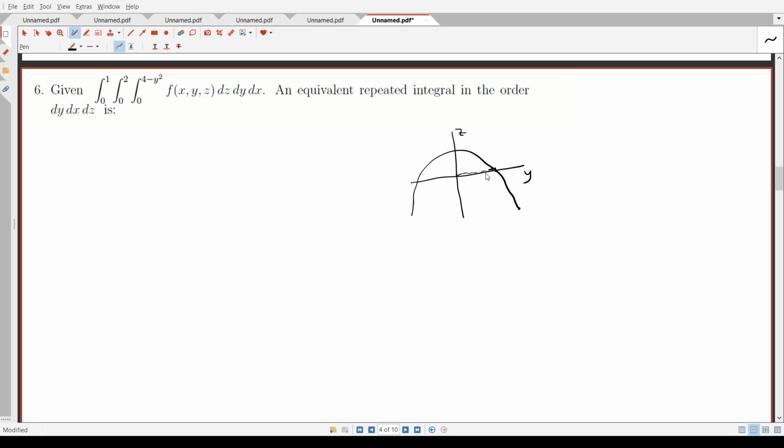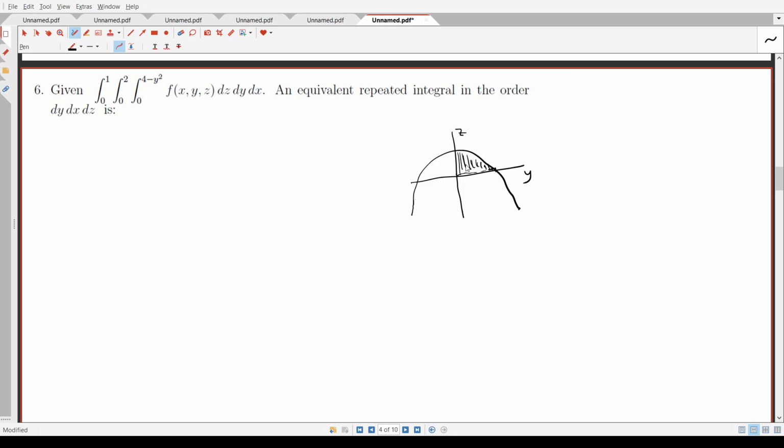That's where it intersects, right? When z is 0, yes. So this is the region we're interested in, right? From 0 to 2. And then x, so coming up out of the screen, x goes from 0 to 1. So really it's this shape, but extended straight up out of the screen from 0 to 1.